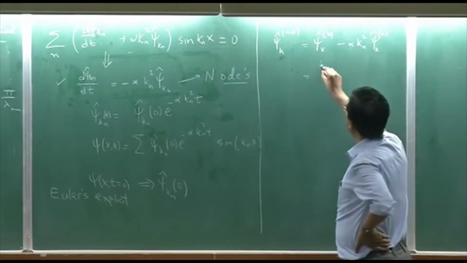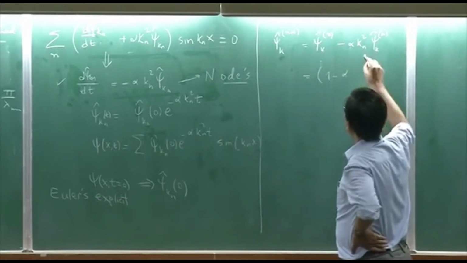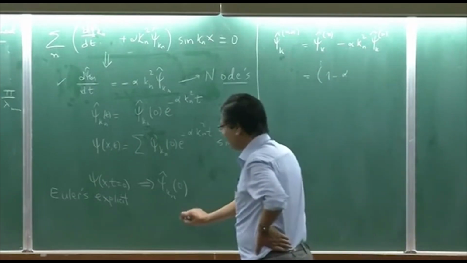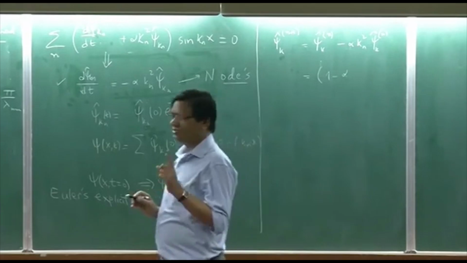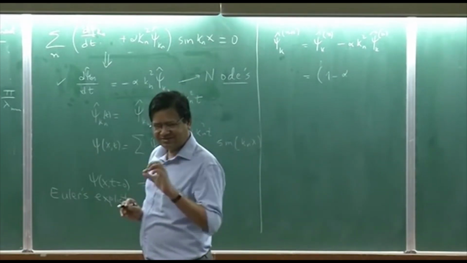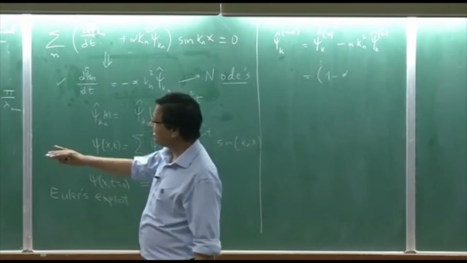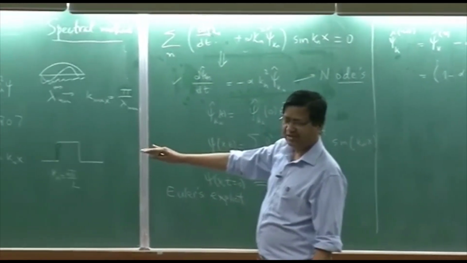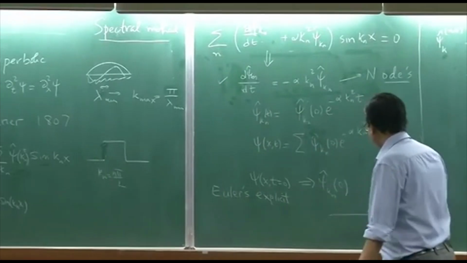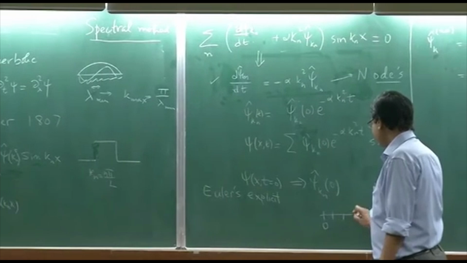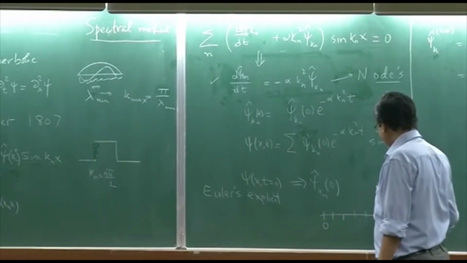So this will be 1 minus, no sorry, I forgot delta t. It is a function of time. Now we have two things: I have discretized in time and I have discretized in wave number. I start from t equal to 0 and go to t final, but let's assume that I have done uniform discretization in time.